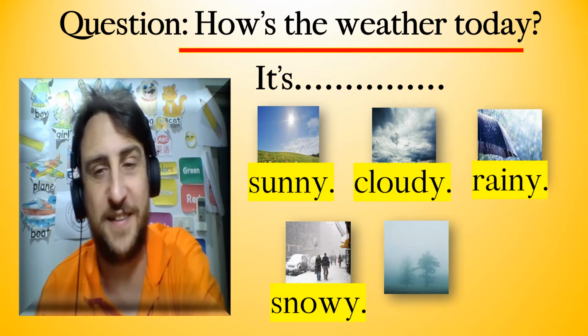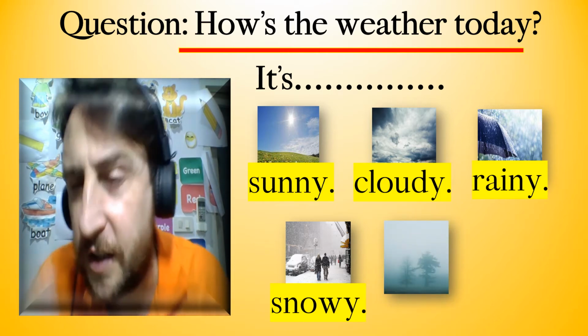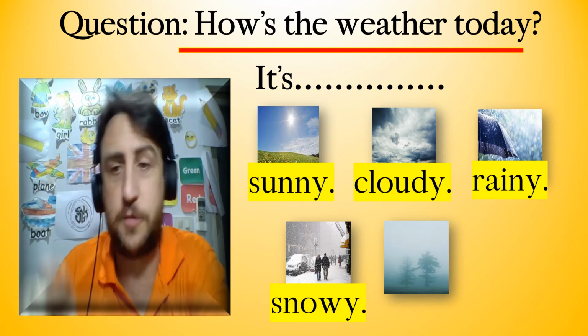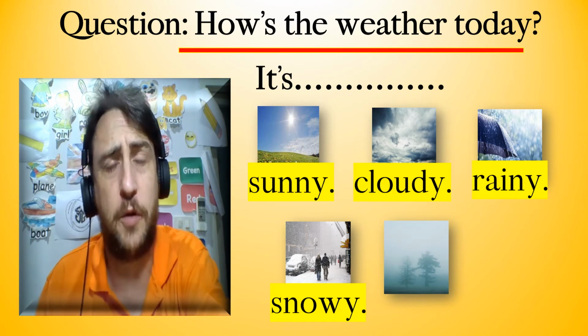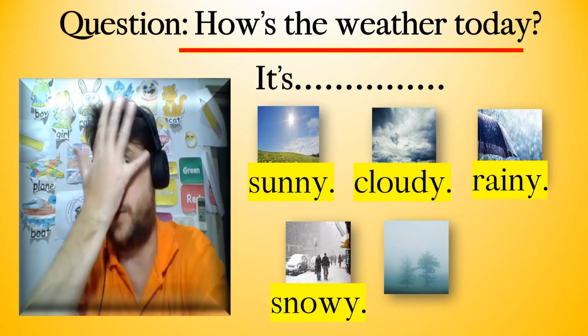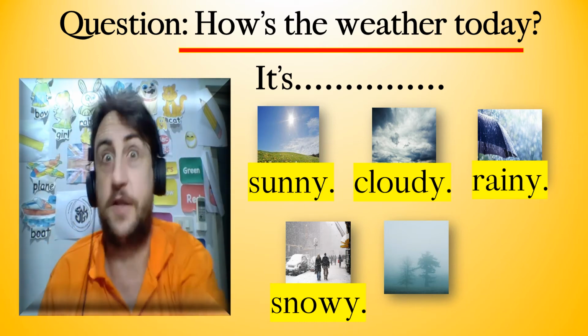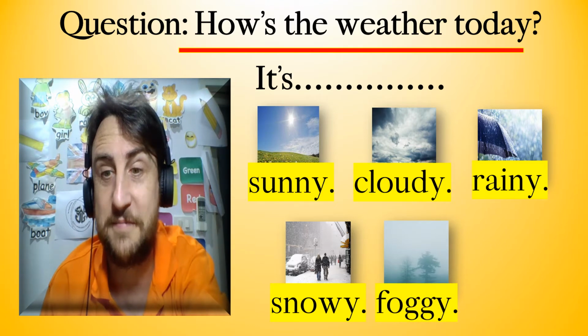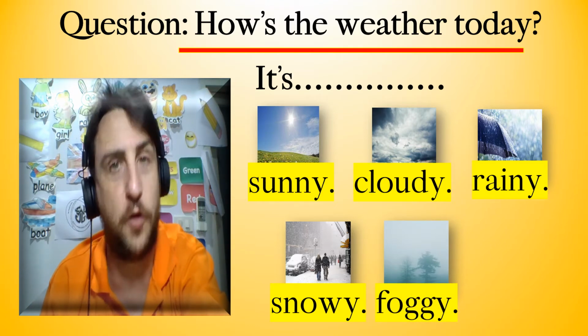Number 5. How's the weather today? Can you see anything? It's like this. You can't see the trees. This is what it looked like when I was in Chiang Mai, when I went to Doi Inthanon. It looked just like that. I couldn't see. So how's the weather today? It's foggy. Foggy.